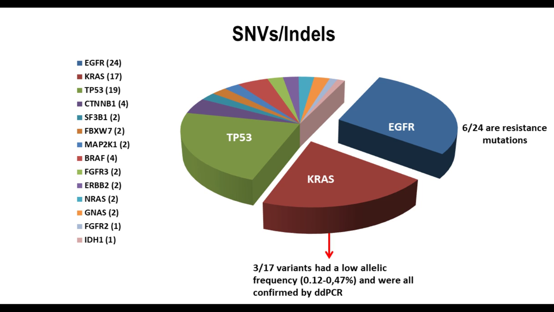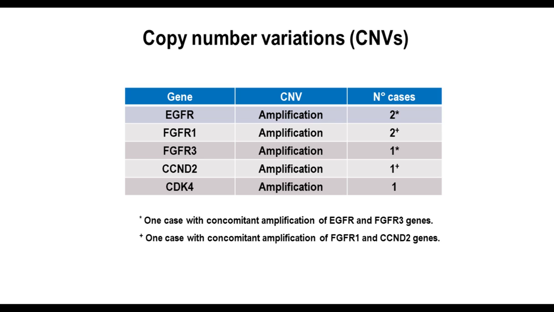I have to say that now we are starting to also collect peripheral blood cells from these individuals, so in case we need to confirm the origin of a mutation, we can do this by collecting and testing the peripheral blood cells. And we could also detect quite a few copy number variations in EGFR, FGFR1 and 3, CCND2, and CDK4 in these samples, as shown in this slide.